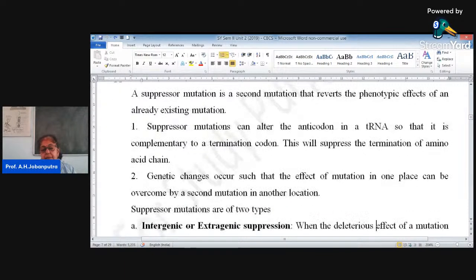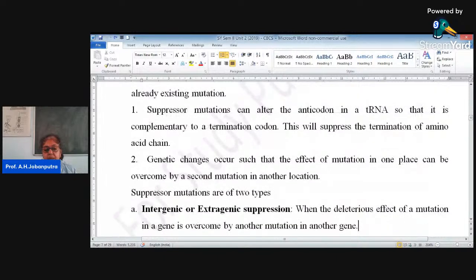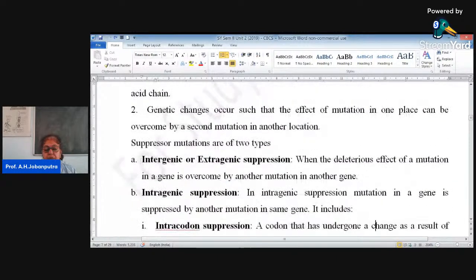Genetic changes which take place because of one mutation may be neutralized by the other mutation. They are known as suppressor mutations. They are again of 2 types, intragenic and extragenic.